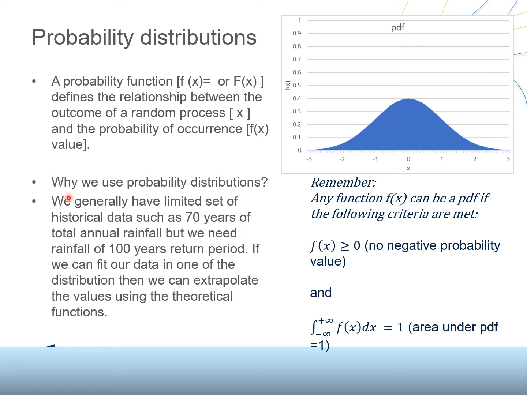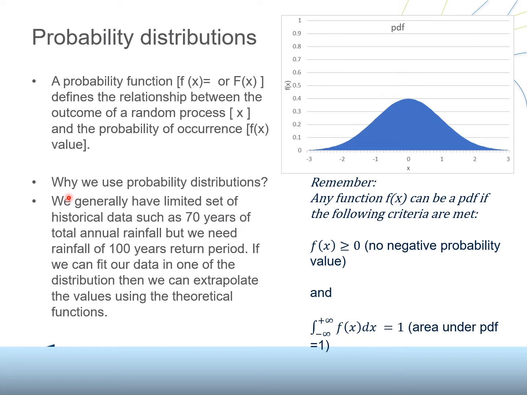But for design, we need a value of 100-year return period rainfall or a 50-year return period flood. Even if we have hundreds or 150 years of data, that is only a sample of data from thousands of years, right? So there is an uncertainty on how to extrapolate that value.